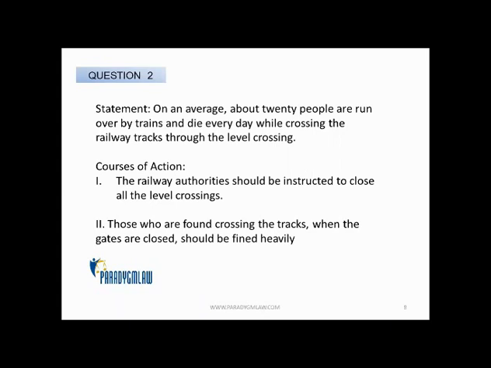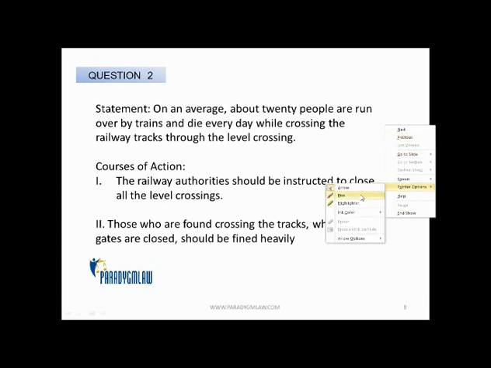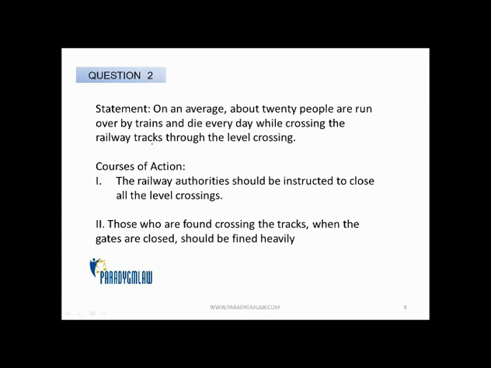Okay, so let's look at the second question we have here. This statement says on an average about 20 people are run over by trains and die every day while crossing the railway tracks through the level crossing, right?